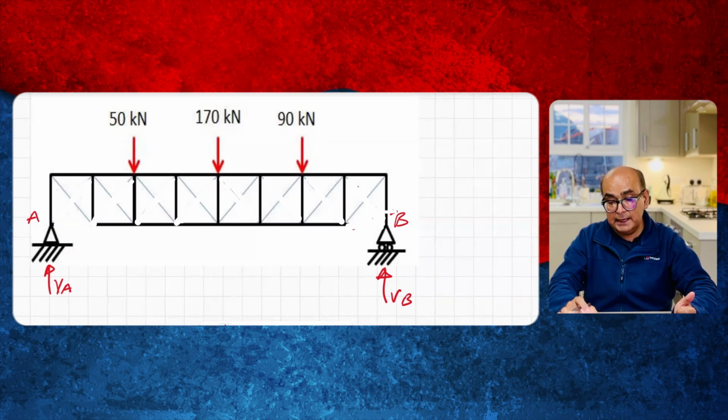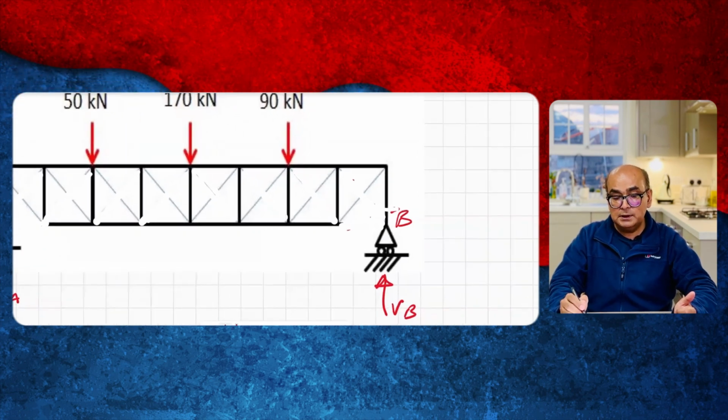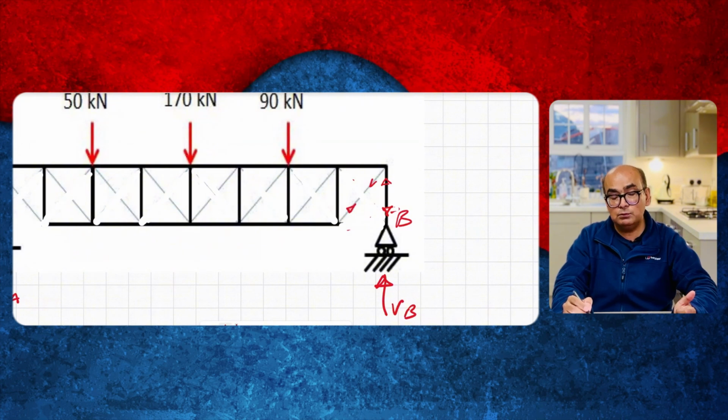And just for extra proof, when the load is going up over here, then to balance that, the load must go down. To balance the upward force, the load in the diagonal should be going downwards, which means that it is tension. And if it is pointing towards the left, then the load in the top member should be in compression.